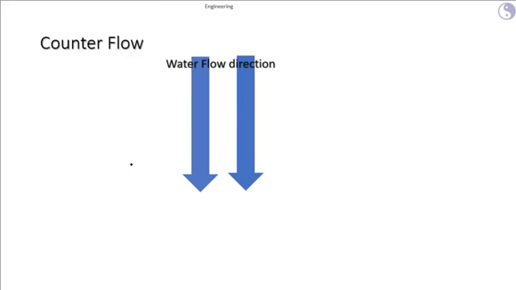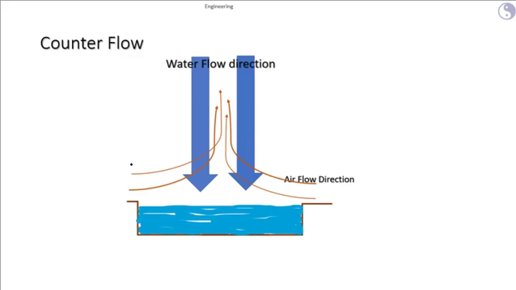In counter flow, the direction is opposite. Water comes down from the top and air flows from the bottom to the top. Their directions are counter. That is why it is called a counter flow cooling tower. Water goes to the tank, and it can be used again as cooling water.